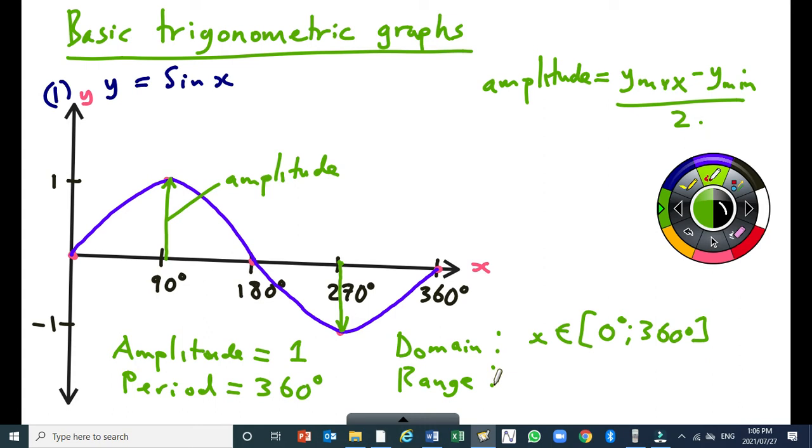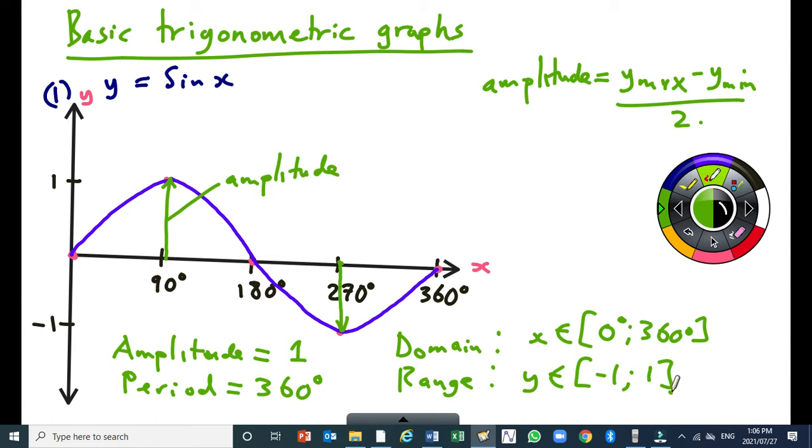So I can write that as y is an element from negative 1 up to 1. It's not necessary to say y is an element of real numbers; once you write that, we are including that. By putting the square bracket, we are talking about all the numbers between -1, including the -1, and positive 1, including that positive 1 as well. So you are supposed to know these concepts for every graph.